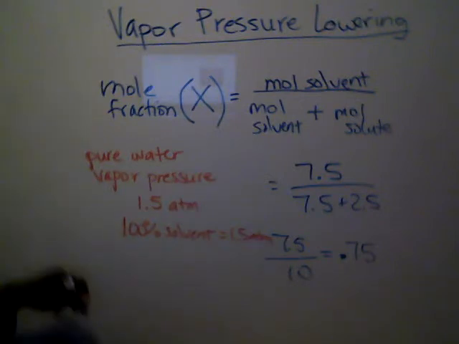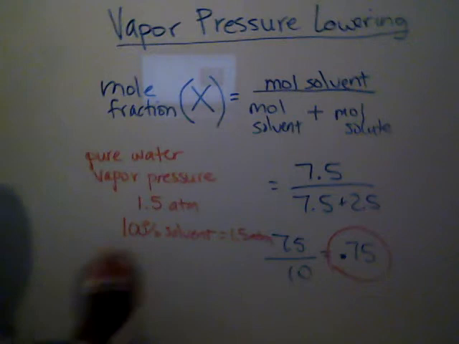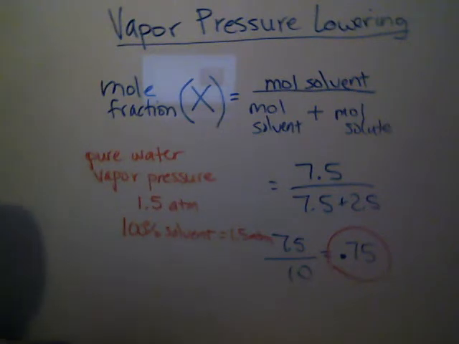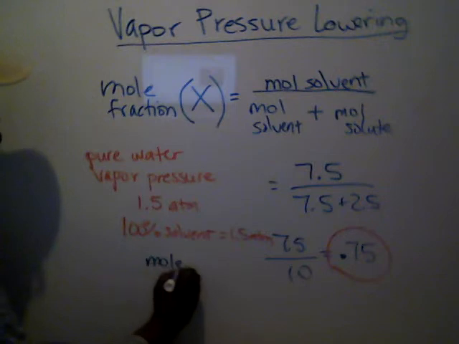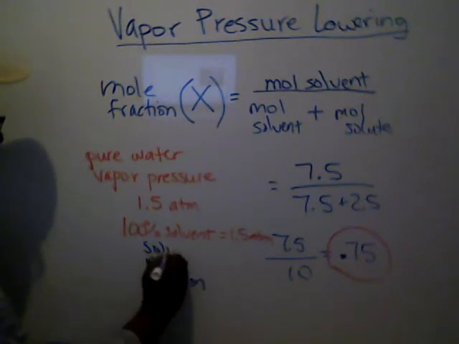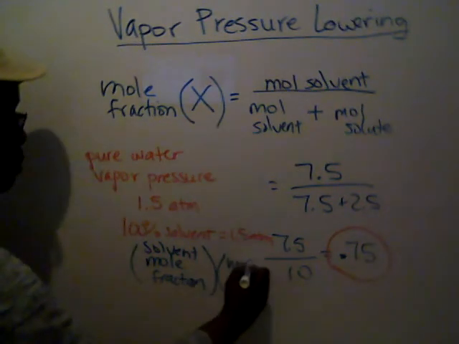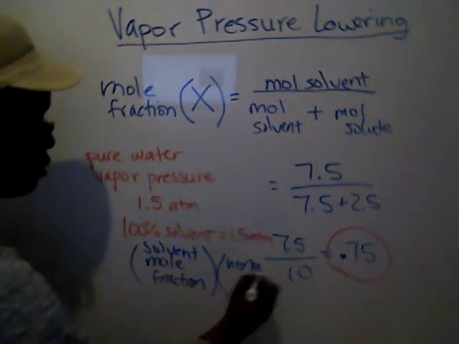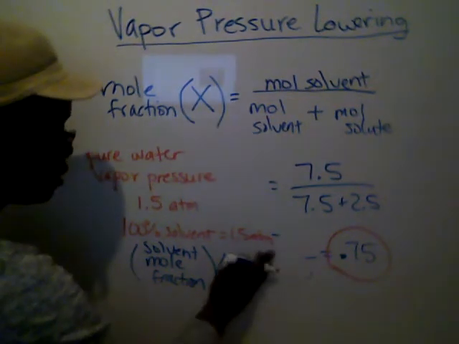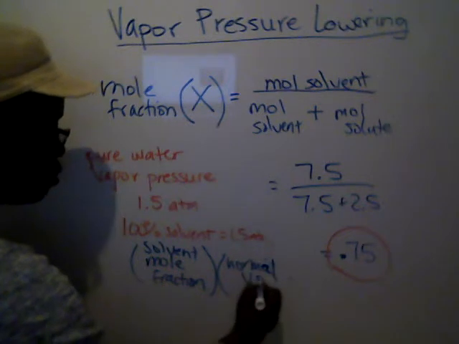So the way that we would calculate vapor pressure lowering is we would take our mole fraction, okay? So I'll just write it out here in words and then we'll plug the numbers in. So we would take our mole fraction, and it's the mole fraction for the solvent, okay? And we would multiply that by the normal vapor pressure. Normal VP.